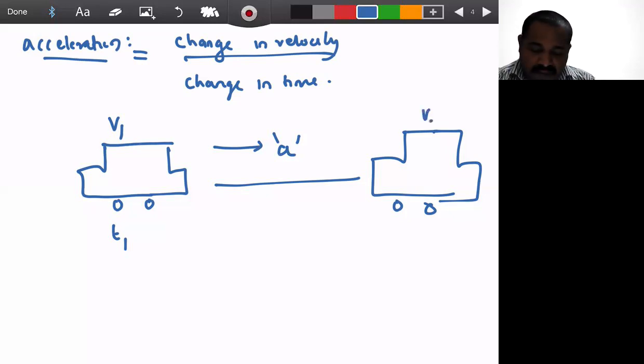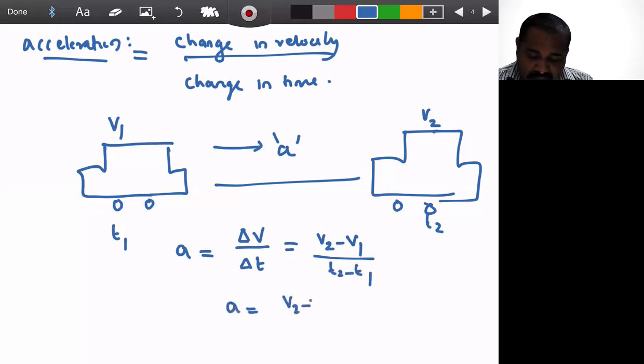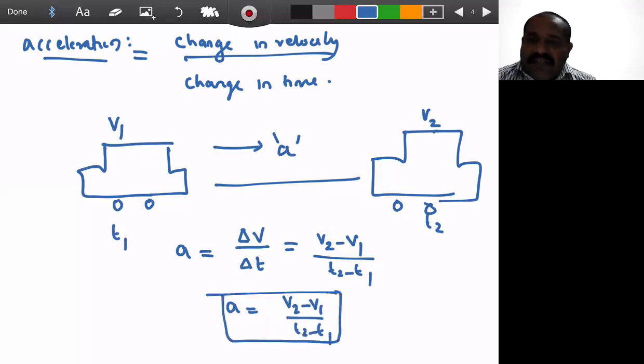Now its velocity is v2 at time t2. So the change in velocity is v2 minus v1, and the change in time is t2 minus t1. So acceleration is equal to v2 minus v1 divided by t2 minus t1. This is the definition for acceleration.